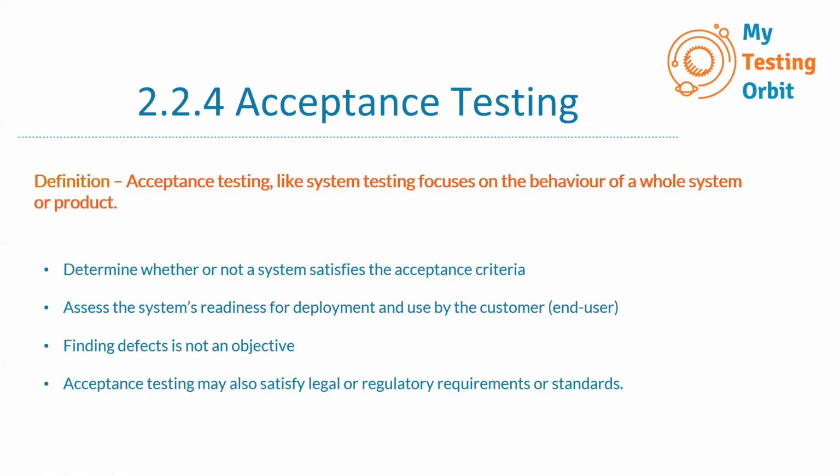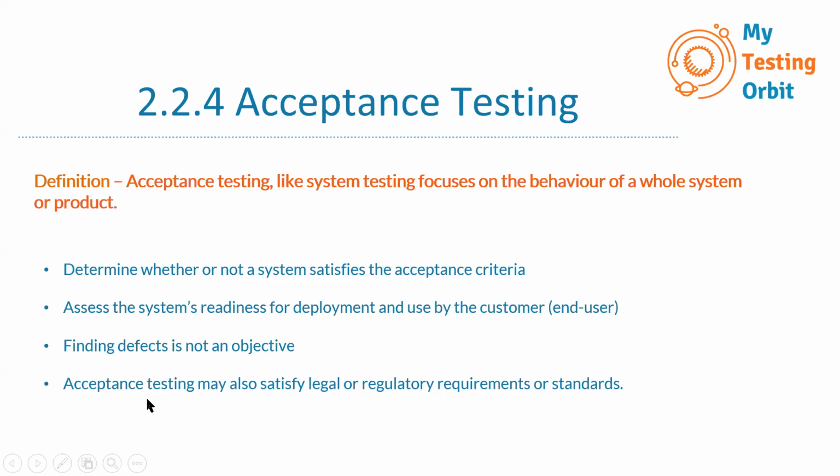It's not the goal of acceptance testing, because this is done at the end, and by this point, everyone is expecting that the system is working as expected. If any major defects are identified at this point, that can be seen as a very high risk to the system, and it may be reviewed whether it's safe to deploy this to production or not. So finding defects is not an objective for acceptance testing.